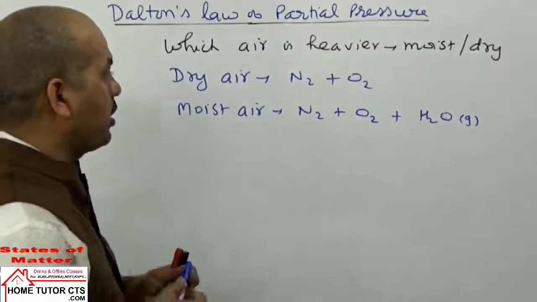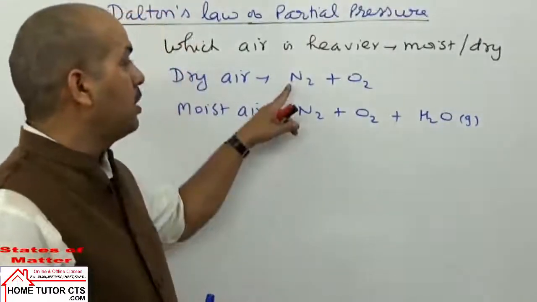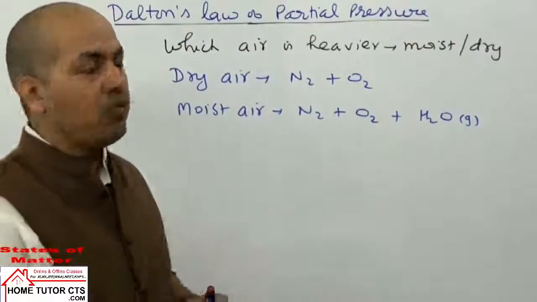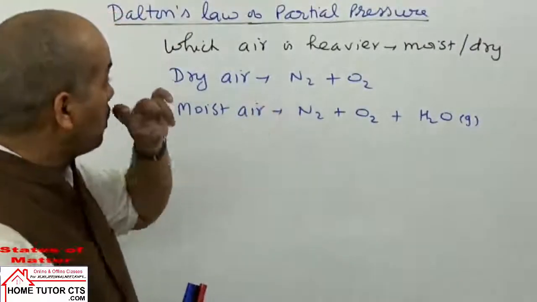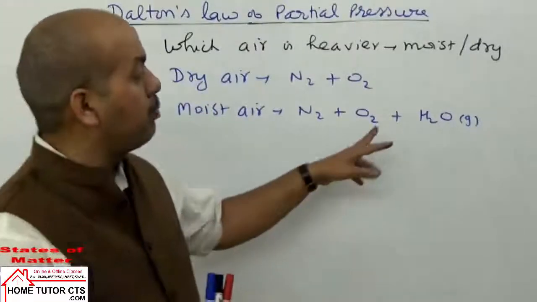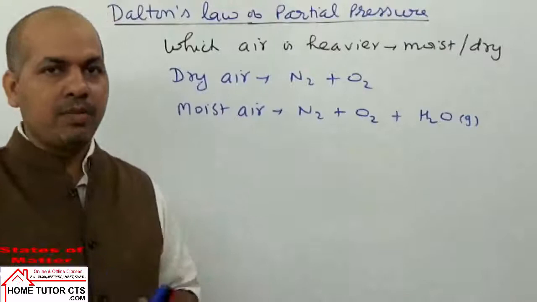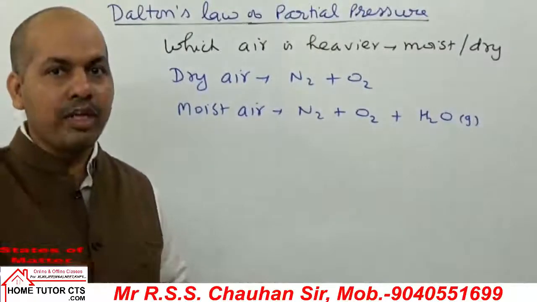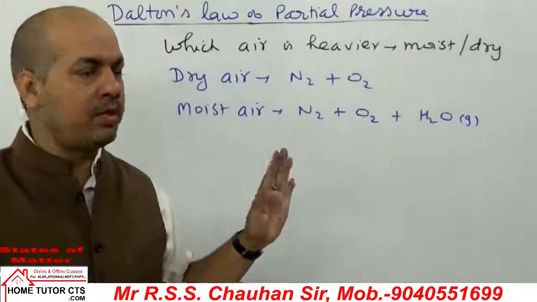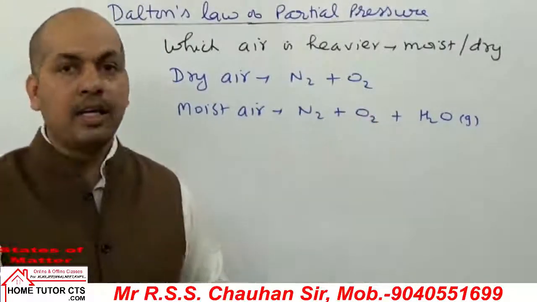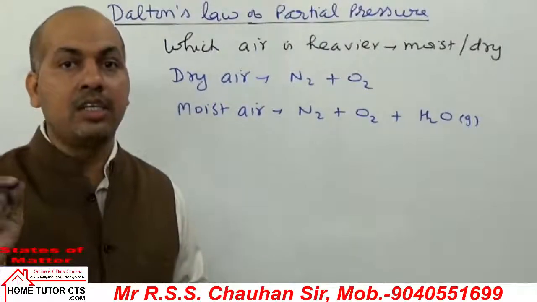In dry air we have two gases only, one is nitrogen gas, second is O2 gas. So in this kind of question, students think there is one component extra. Like when some cloth is lying there and you pour water on it, it becomes wet, and then it becomes heavier. Children think from this angle, but you should not. Simply, in this kind of question, which air is heavier means which air will have higher density.